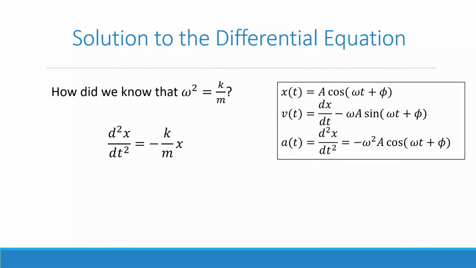So what we can do is for d squared x dt squared, that is the same thing as a. So we could plug in negative omega squared A cosine of omega t plus phi on the left side. We could also then on the right side sub in x of t, which is A cosine of omega t plus phi.